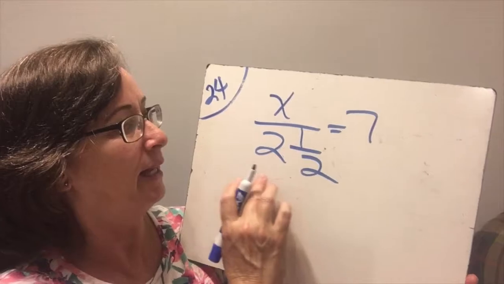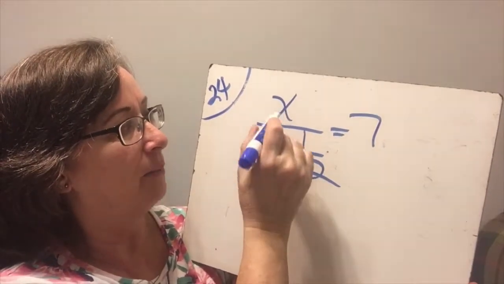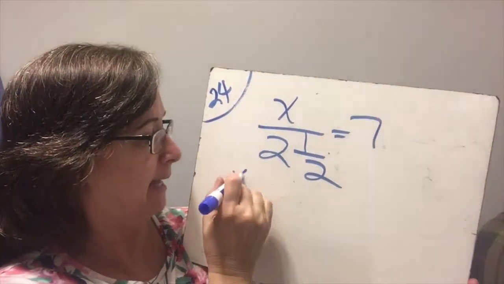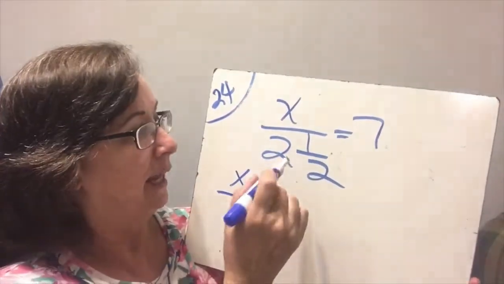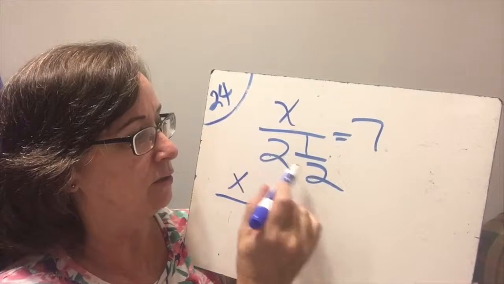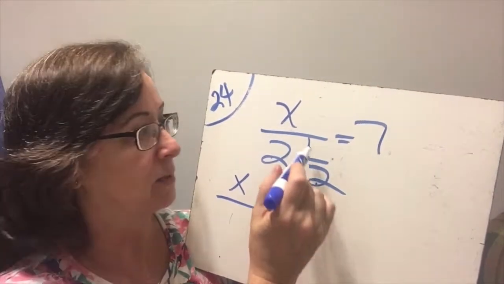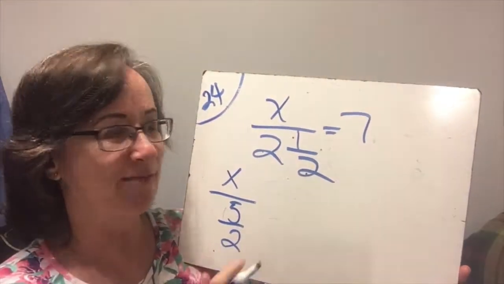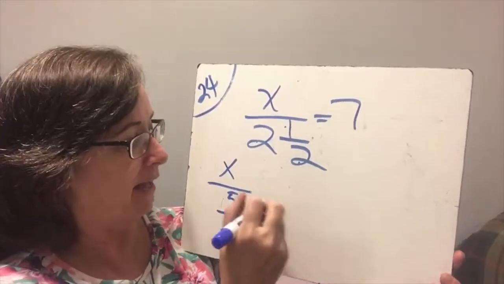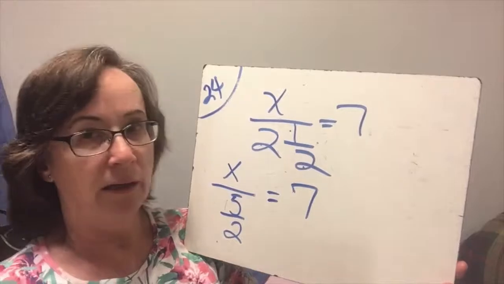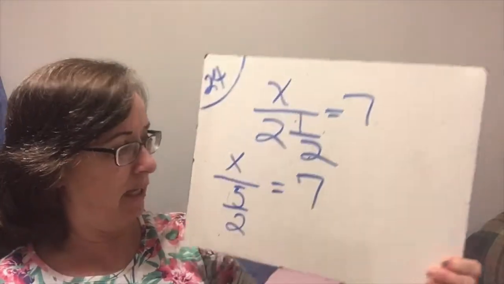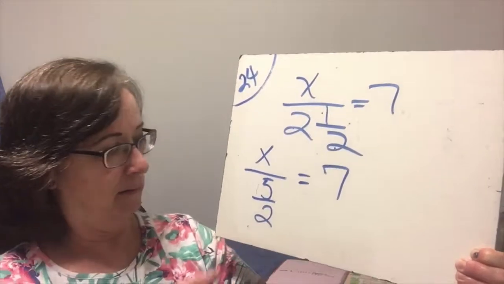Okay, so here we have x over 2.5, which is the same thing as x over, and then 2.5 is 2 times 2 is 4 plus 1 is 5, 5/2. Okay, so I'm dividing by 5/2. If I'm dividing by 5/2, that is the same thing as what?